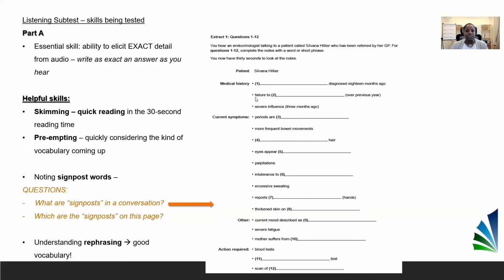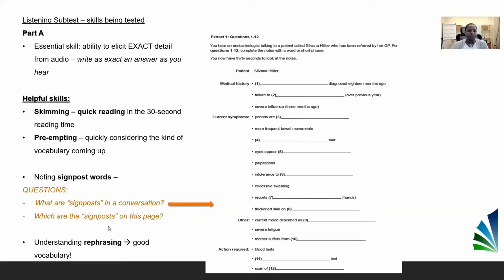So for example, instead of failure to, the speaker may say, I couldn't, or it wasn't possible to, or I tried but couldn't. And all of those things mean the same as failure to. So understanding rephrasing is also a very important skill, but that means you've got to have a really good vocabulary.